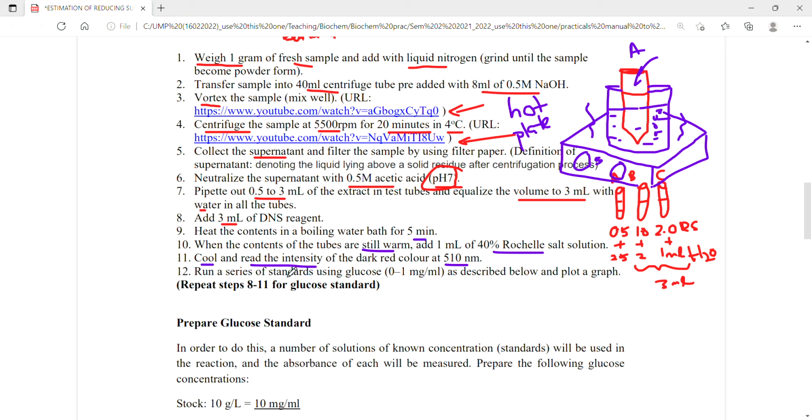So what is this read intensity at color 510? You obviously need to use a spectrophotometer. For understanding of a spectrophotometer, you have to watch a video, or I will brief you later on Beer-Lambert and also spectrophotometer principles. Okay, right.